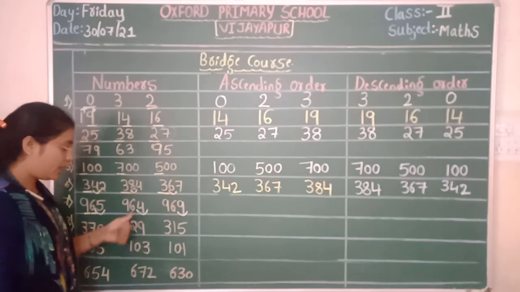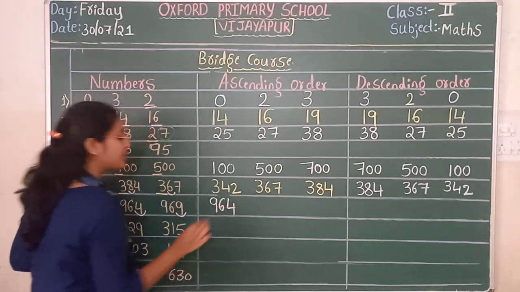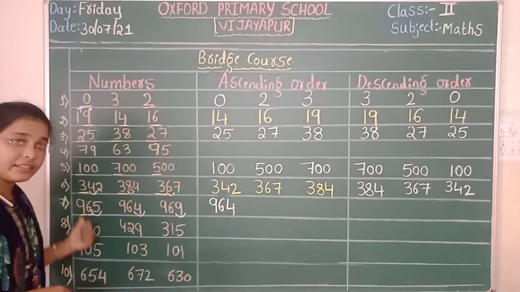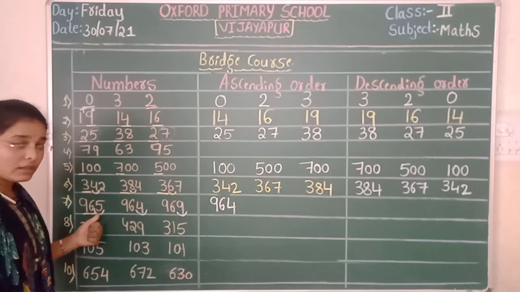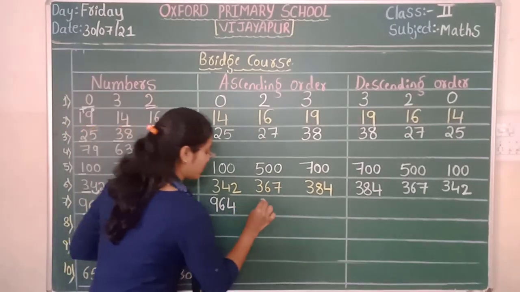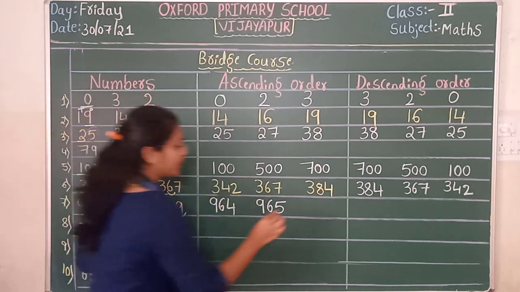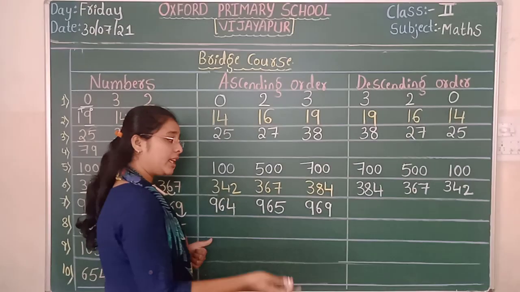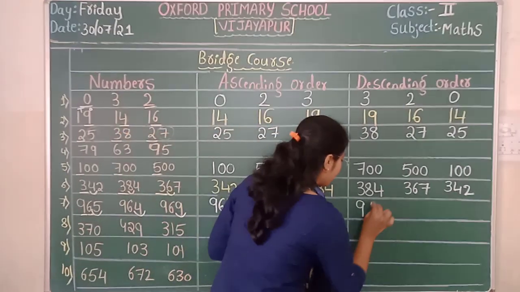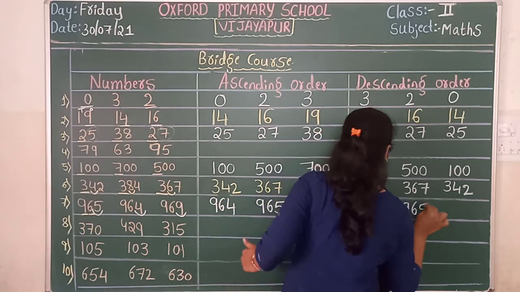Which is the smaller one? 4 is the smaller one. 964 is the smallest number in these three numbers. Next, 5 and 9, which is the smaller one? 5. So take down 965. And the last, 969. Okay, we will rearrange bigger number as first, smaller one, and the smallest is 964.